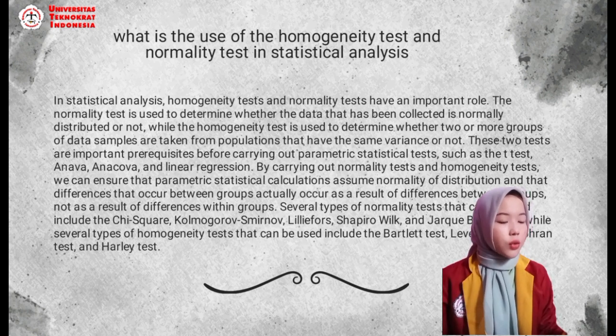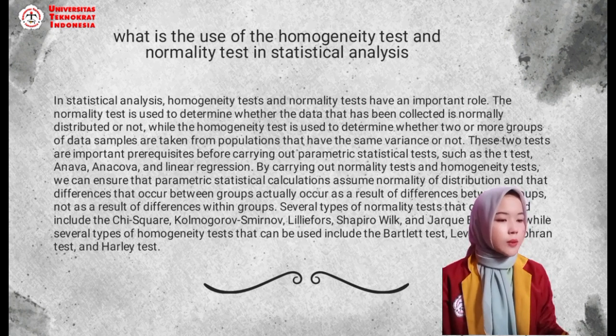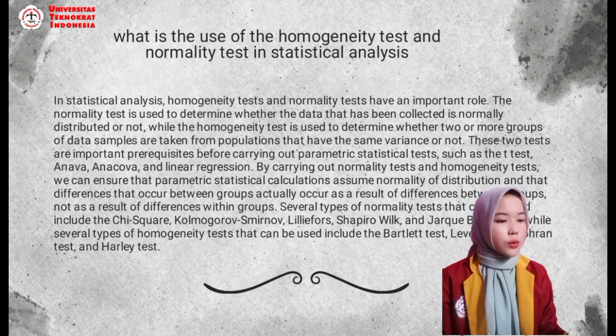These two tests are important prerequisites before carrying out parametric statistical tests, such as the t-test, ANOVA, and linear regression. By carrying out normality tests and homogeneity tests, we can ensure that parametric statistical calculations assume normality of distribution and that the differences that occur between groups actually occur as a result of differences between groups, not within groups.